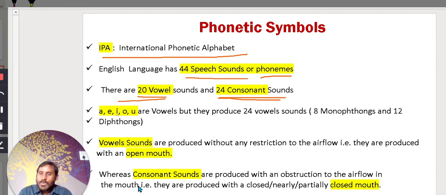Then such sounds are called consonants. So vowels are produced with open mouth, and consonants are produced with some difficulty, some friction, some narrowness in the passage. This is the basic difference.